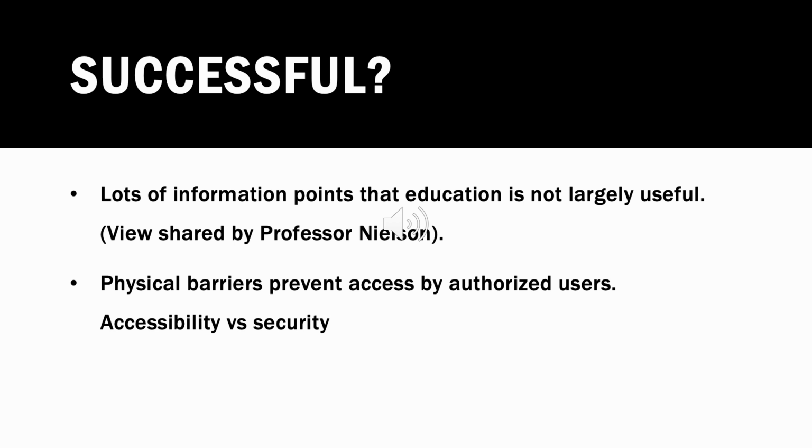Now, implementing physical barriers also comes with its own strings attached, and that's that it might prevent access by authorized users or those that the company actually wants to be able to access that information, even if not initially authorized to do so.